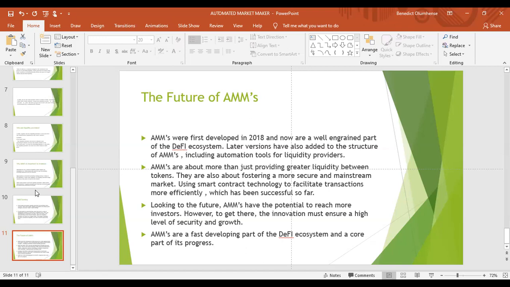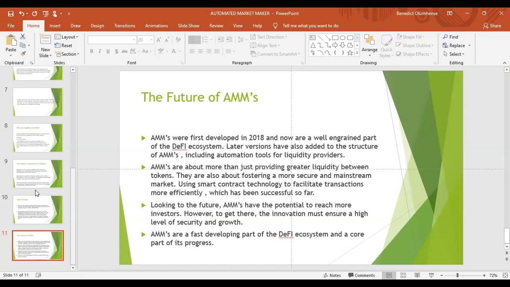So AMMs are about providing greater liquidity between tokens. They are also about fostering more secure and mainstream markets. They use smart contract technology to facilitate transactions more efficiently. And so far, it has been a successful process.